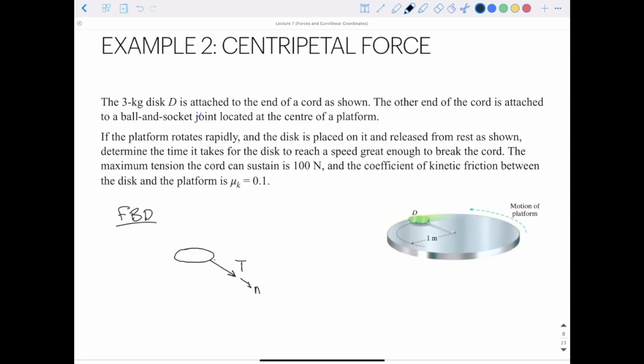And we have a force acting in the tangential direction. This would be the force due to friction that's causing it to accelerate, and that's in the tangential direction.